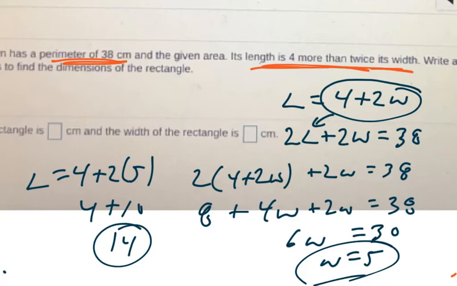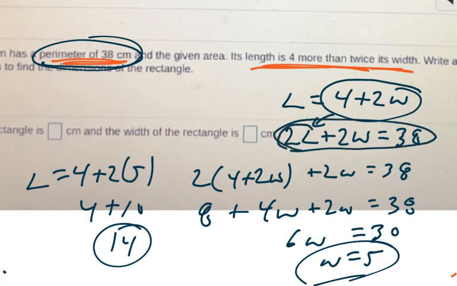Okay, last one. This one gave you extra information, so here's basically how you do it, Bliss. First of all, they tell you the perimeter is 38, right? So right here, do you agree 2 times the length plus 2 times the width is a perimeter, which is 38. So there's one equation. All I need is another equation to put them together as a system.